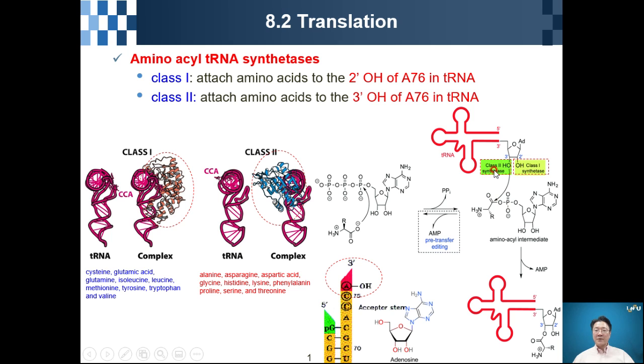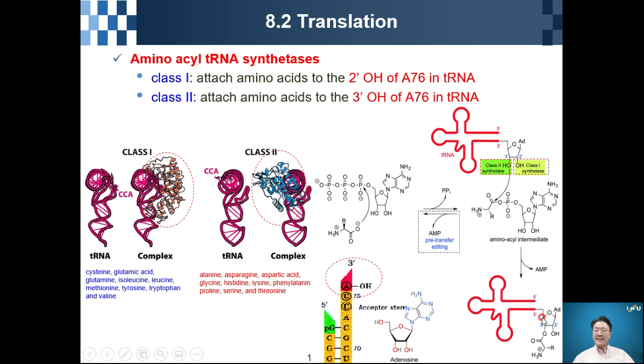For example, in class 1 this OH attacks here, and in class 2 this OH is attached here. So they will make the tRNA with the amino acid like this.